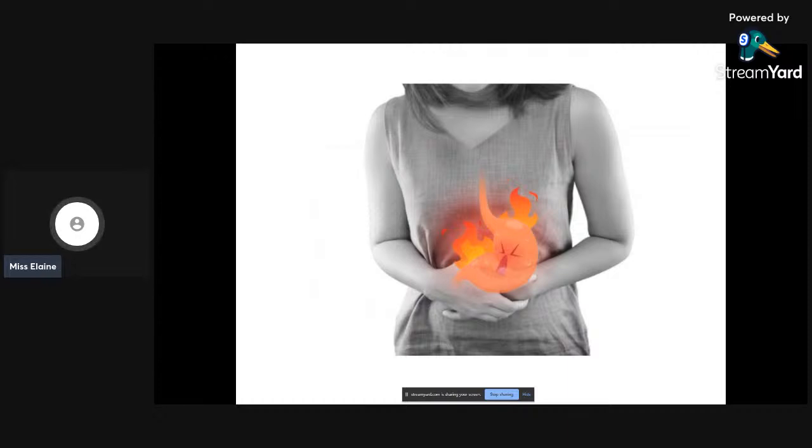So, what have you noticed about this picture? What can you see about this picture? Do you think acid has something to do with our digestive system? Is it yes or no? The answer is yes. Actually, our stomach naturally produces hydrochloric acid.